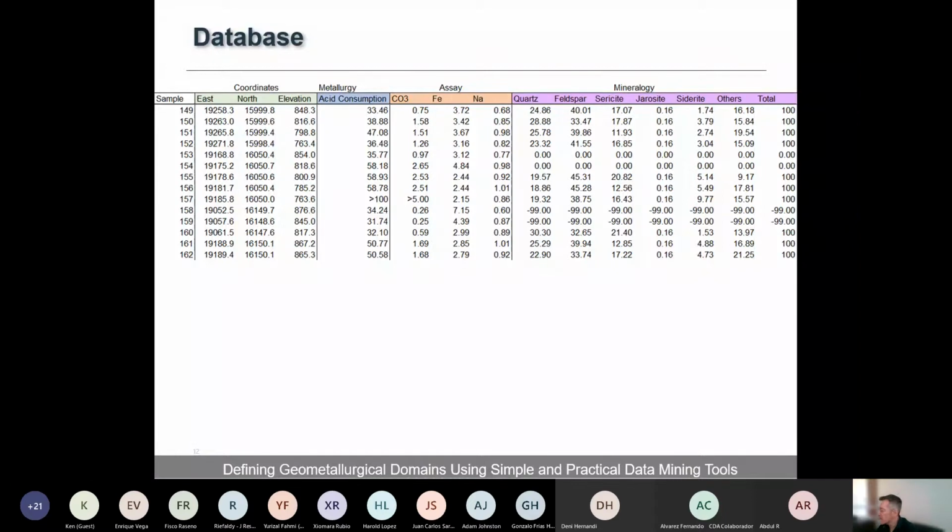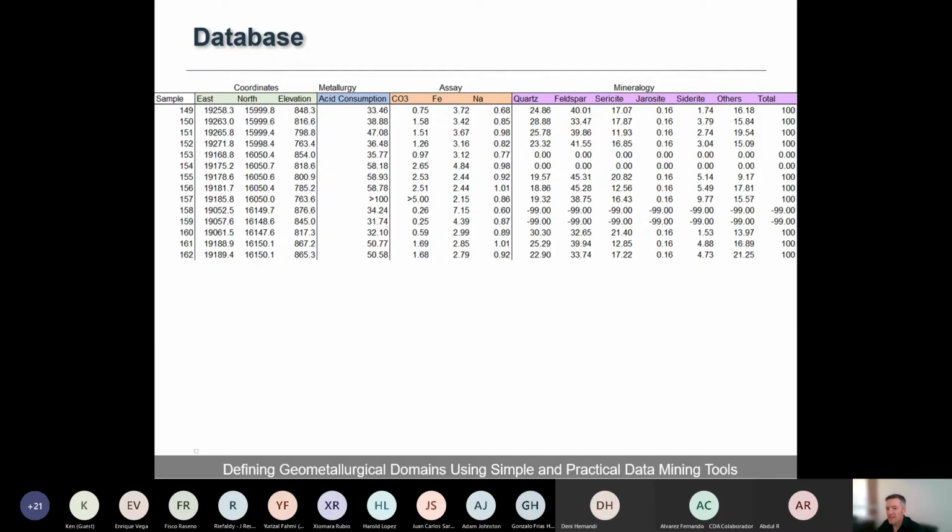This is the database to be used in our project today. This is a modified actual database that contains 15 variables or columns and 220 samples or rows. These are geometallurgical samples. Okay, these samples came from drill holes.